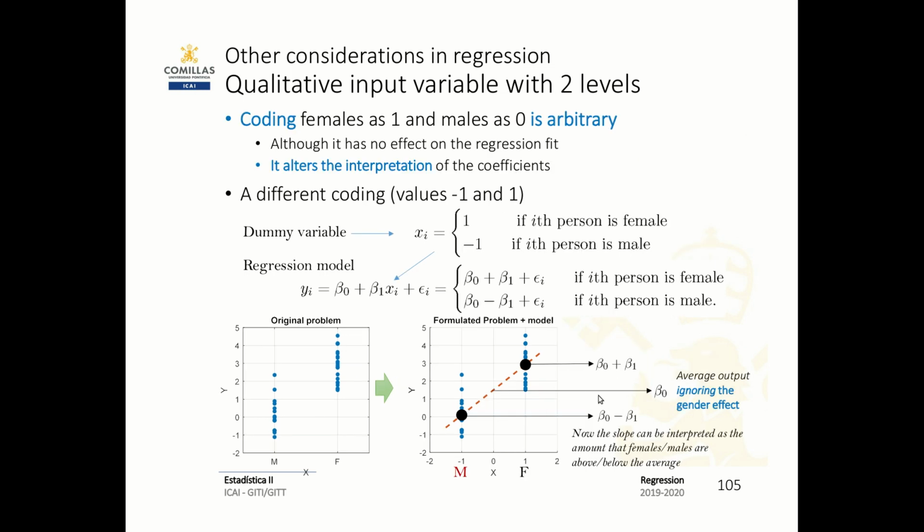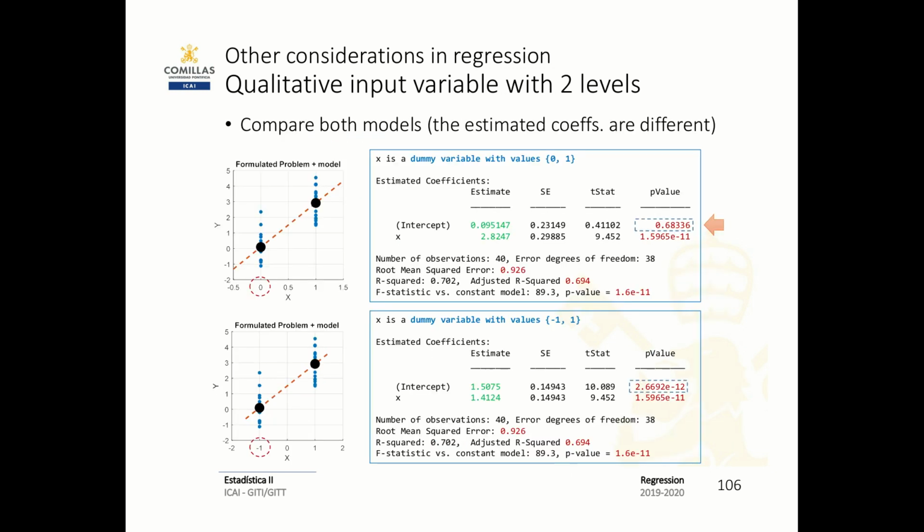Yeah, the interpretation of the coefficients is different, but otherwise the quality of the model and the regression is exactly the same. So here we have an example where with this data, with encoding 0, 1, we have an intercept of almost 0 and no significant value, and beta 1 is 2.8 and very significant. This is the quality of the model, which is pretty good.